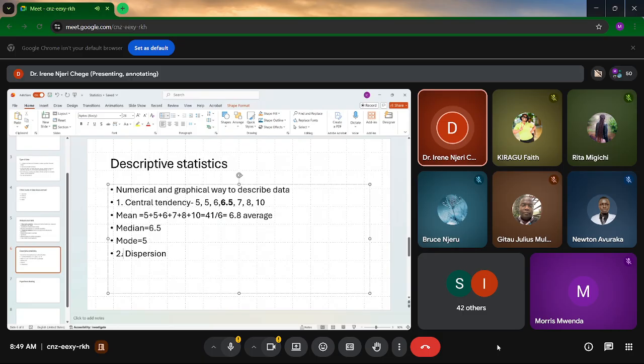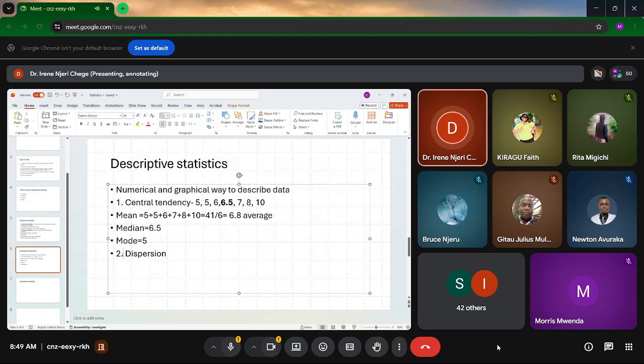So when we talk about dispersion, the first thing we talk about is the interquartile range. The next thing we talk about is my range. So what is my range? My range just means 10 minus 5.